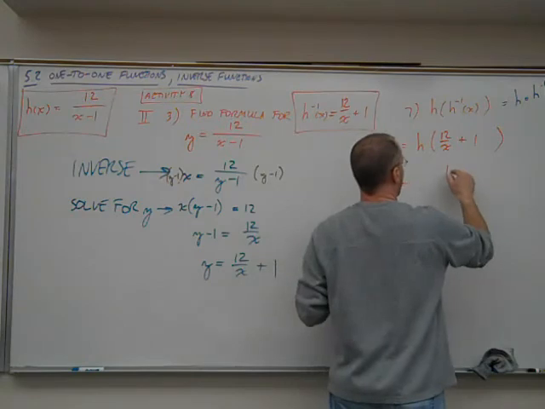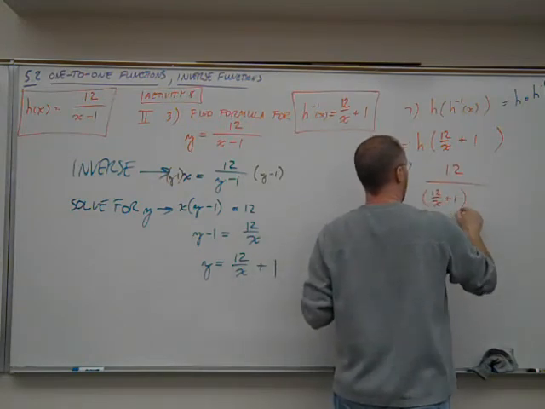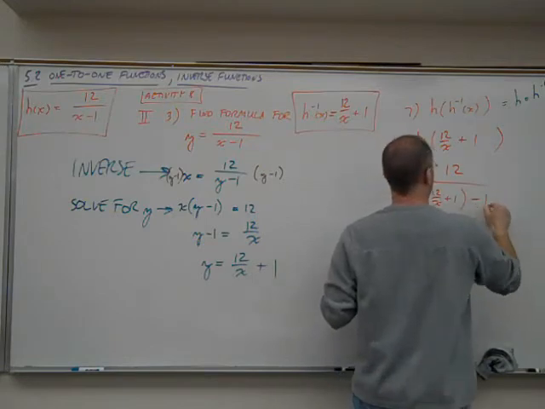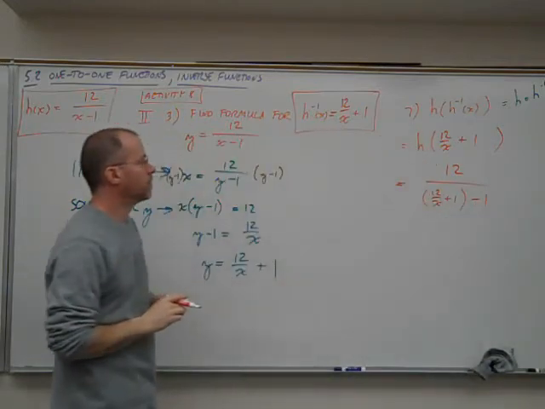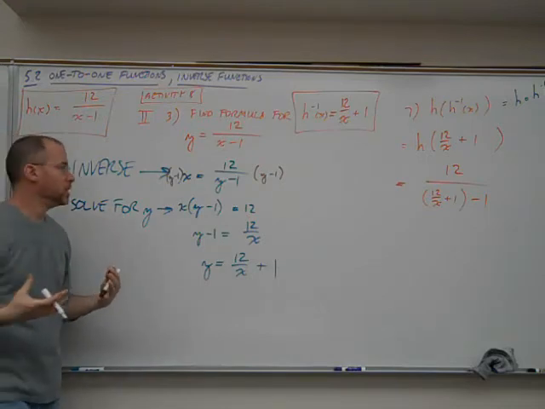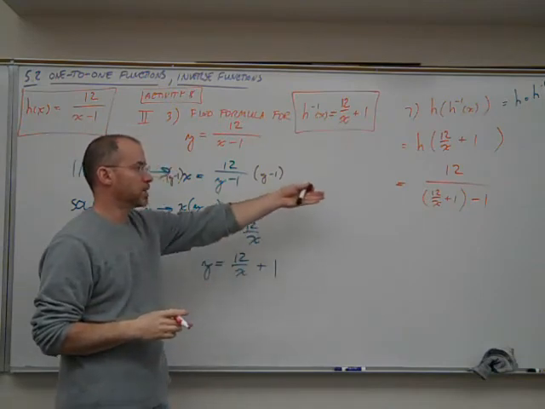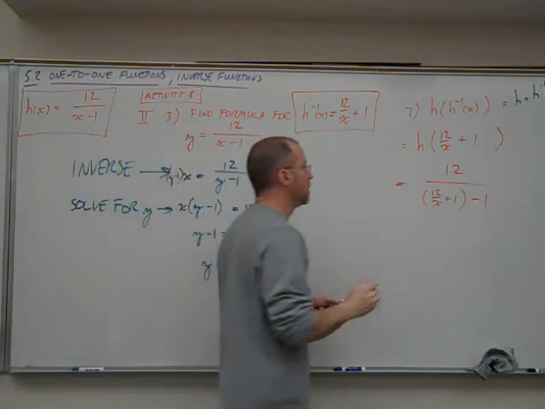So this is going to be 12 divided by this entire mass minus 1. When you do the algebra on these, you'll get a lot of messy expressions, some compound fractions with fractions inside of fractions.